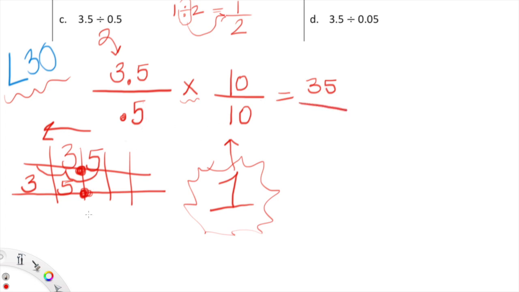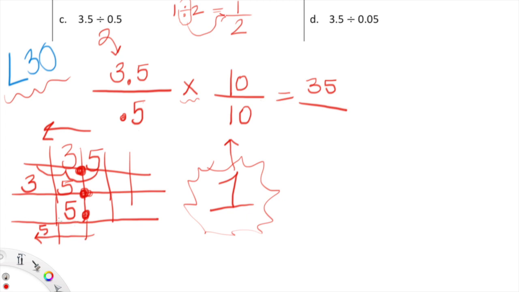What about 0.5 times 10? Well, it's not going to take too much brain power to recall. 0.5, 5/10 on the place value chart, multiplied by 10, hops over 1 place value to the left. Oops, that's not 0.5, that's 5 ones.